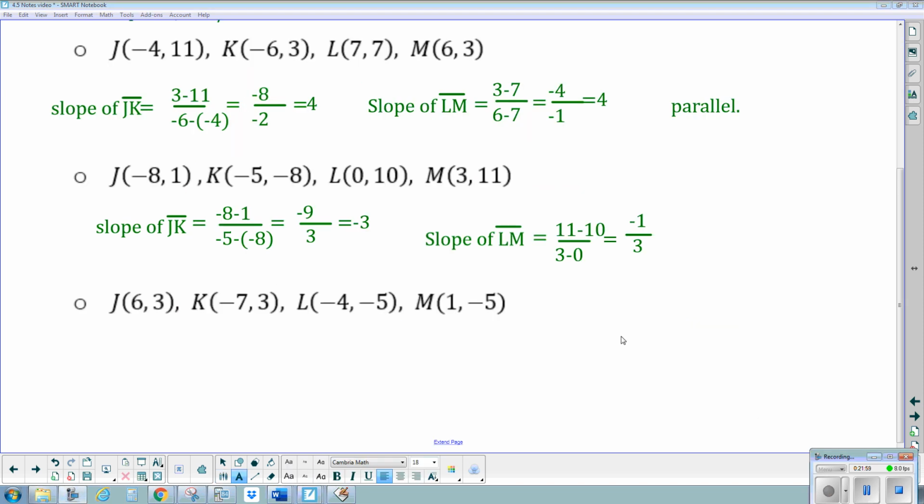So in this third example, we can see that the slope of JK is equal to negative 3, and the slope of LM is equal to, this should be positive 1/3 because 11 minus 10 is 1. So we can see that LM has a slope of 1/3. Negative 3 and 1/3 are opposite reciprocals of each other. If you multiply them, you get a product of negative 1. Therefore, these two are perpendicular.